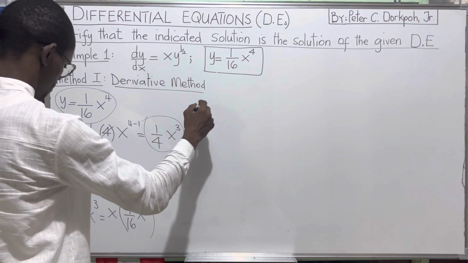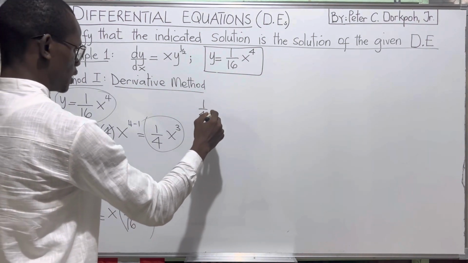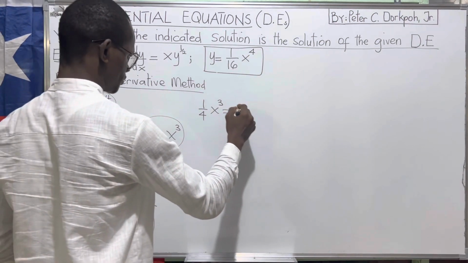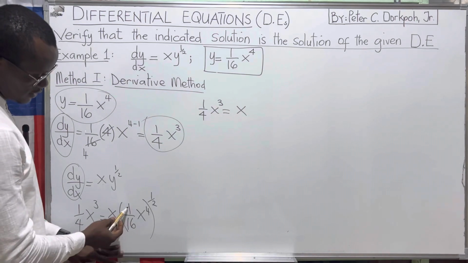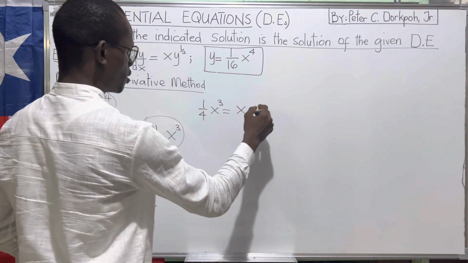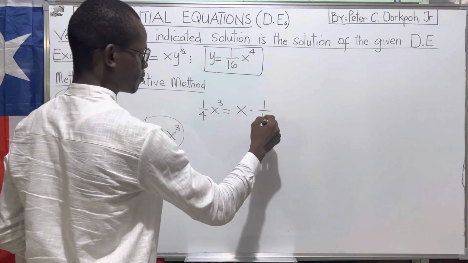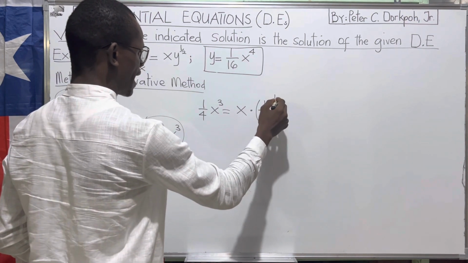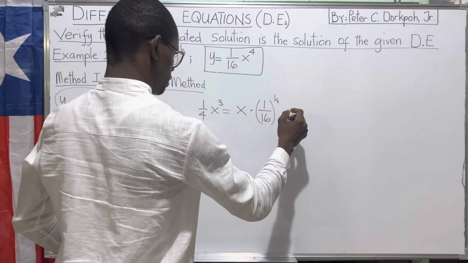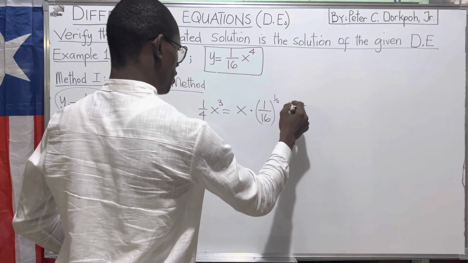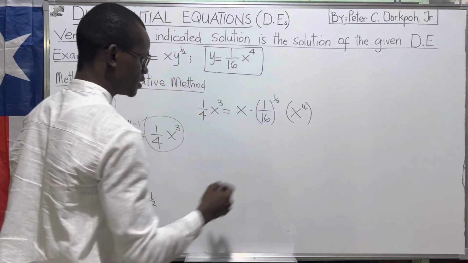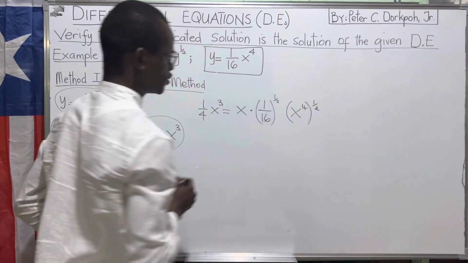So 1 over 4 x to the third power equals x, and then 1 over 16 can be raised to the power half, and also x raised to the fourth power can be raised to the power 1 over 2.